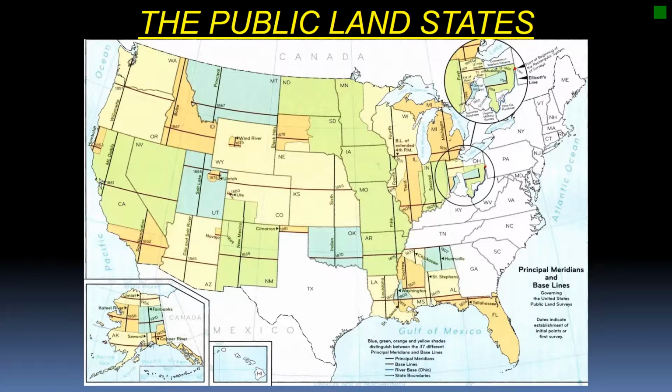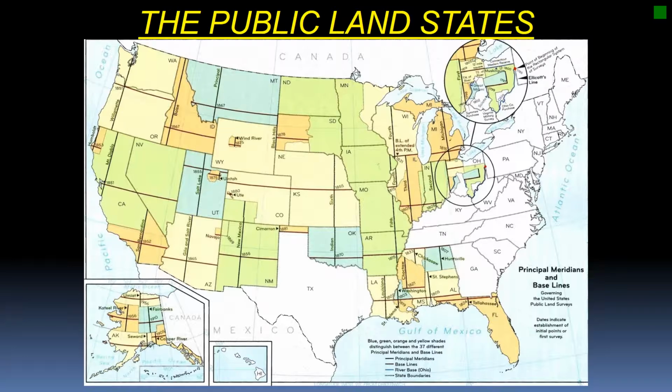Here's a map of all the states that are involved in the public land survey system. All the colored states are part of the public land survey system. Now, if you take a look over in the northwest to where Washington and Oregon is, you'll notice that there's a north-south line called Willamette, and then there's an east-west line with no name to it.